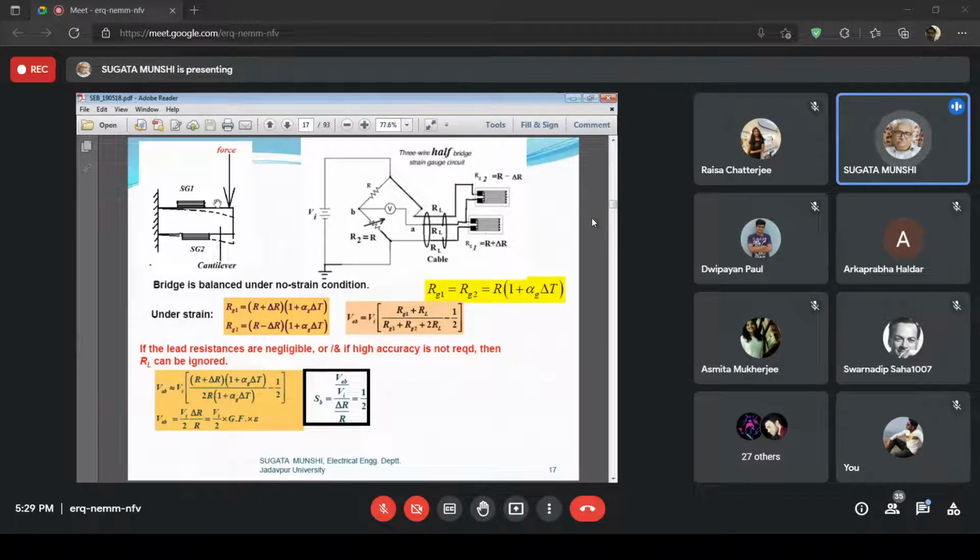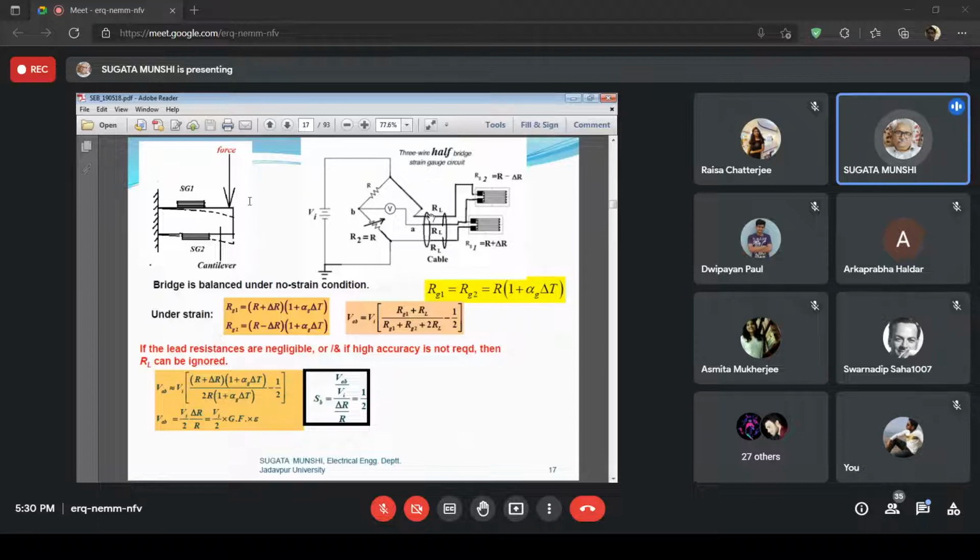So one will be under tension, another will be under compression. So this is the Siemens 3-lead arrangement. That type of strain gauge circuit, bridge circuit, is called half bridge, because two arms are occupied by two active gauges. I am stressing this point, active gauges. That means both of whose resistances are changing due to mechanical strain.